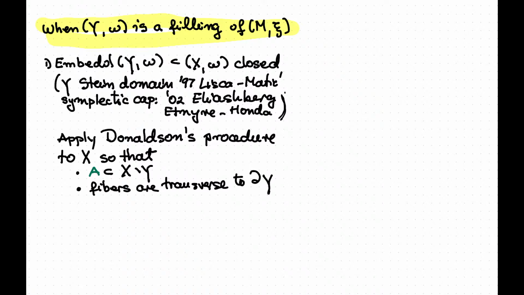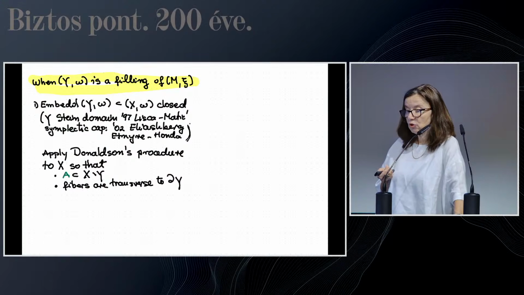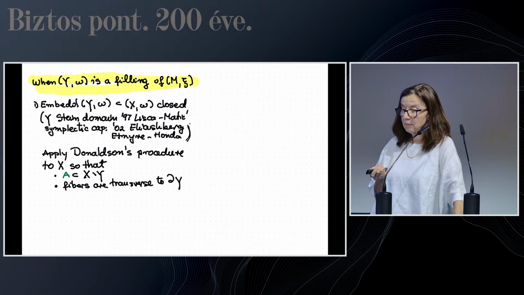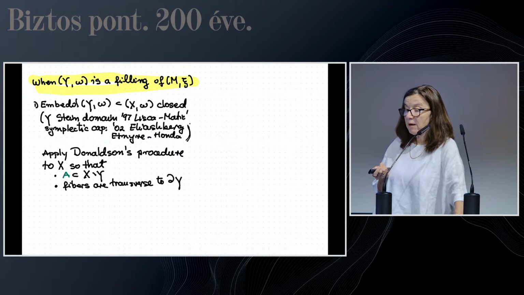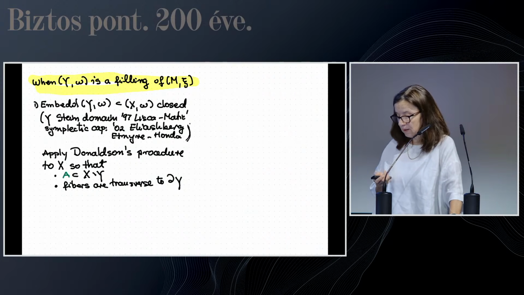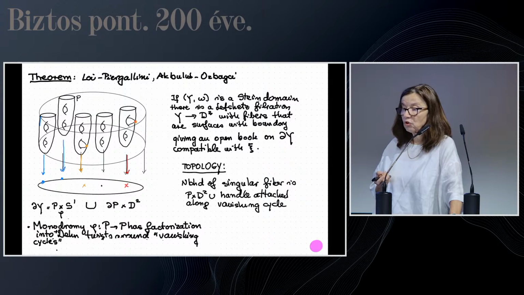Now once we have this Stein domain inside a closed symplectic manifold, we can apply Donaldson's procedure to X so that the points in A are in the complement of our domain Y, and the fibers are transverse to the boundary. To do that, we really need a Stein structure.